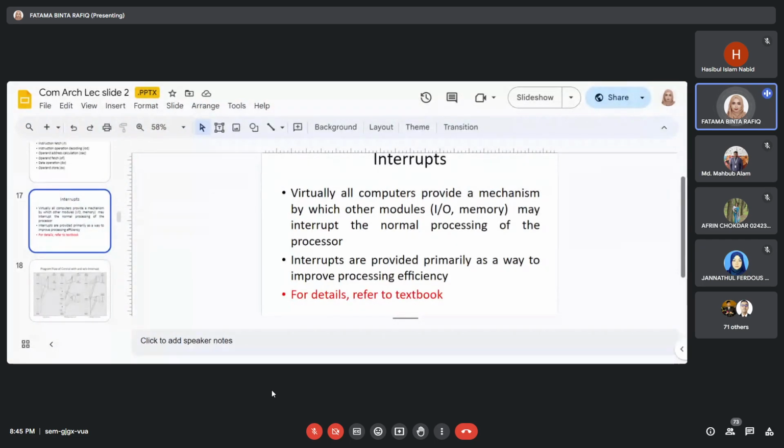That's why interruption is provided primarily as a way to improve processing efficiency.